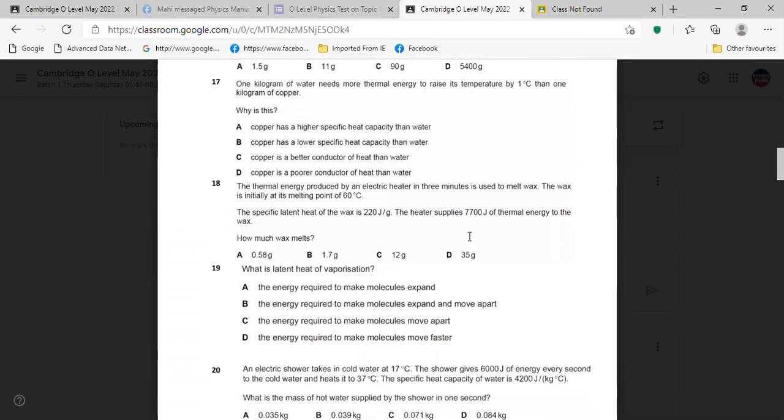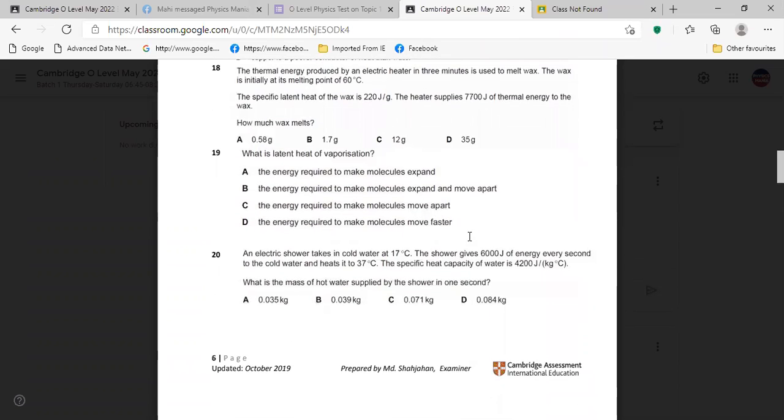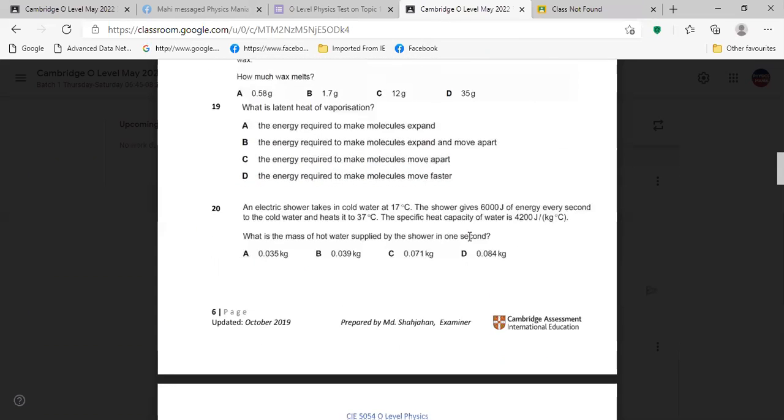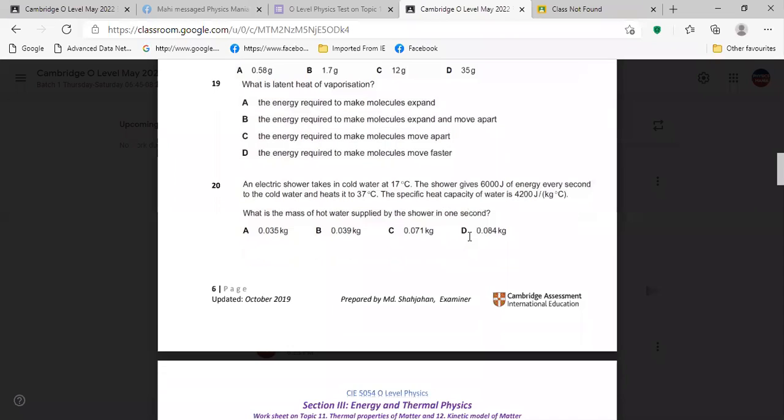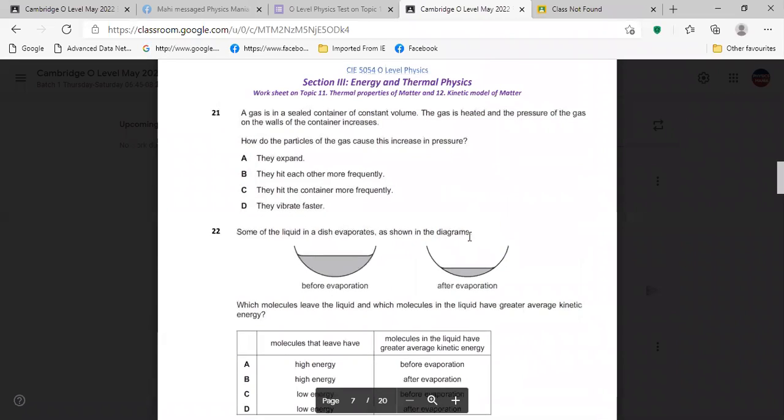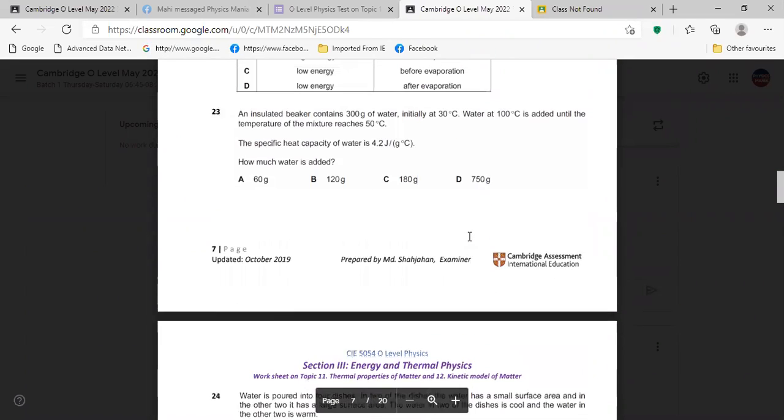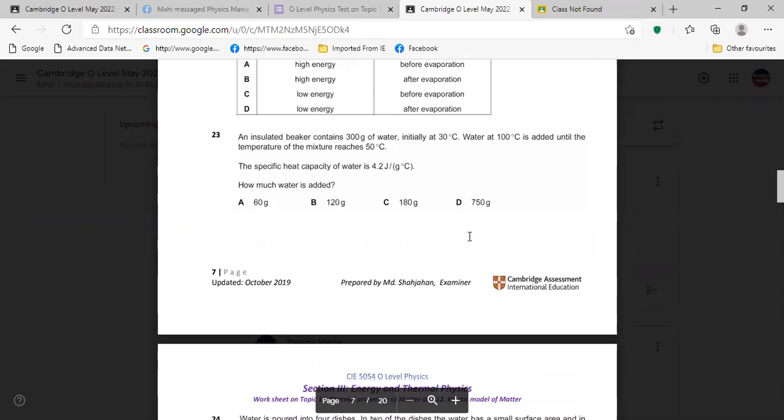Like this one, question 20 is also related to specific heat capacity, so you have a try. We also have question 23, which is related to specific heat capacity.